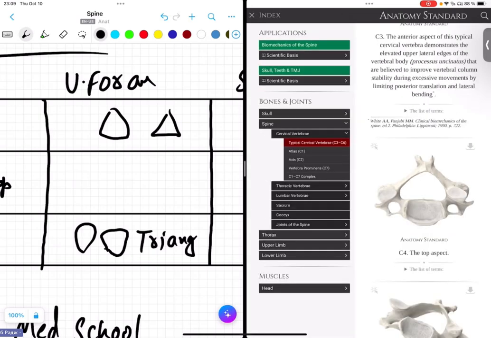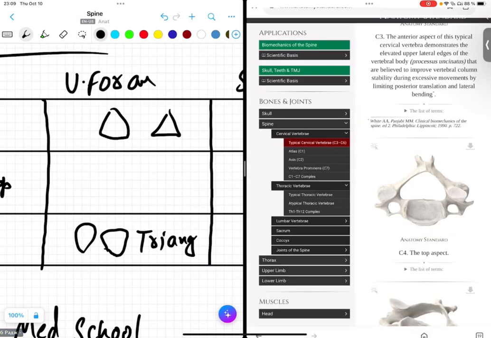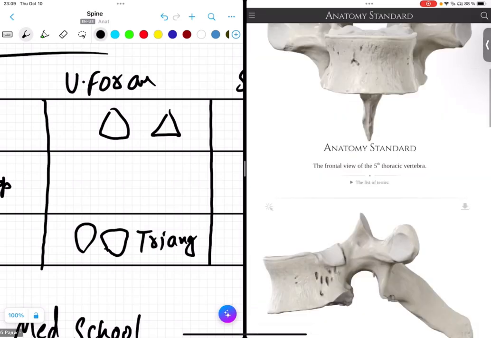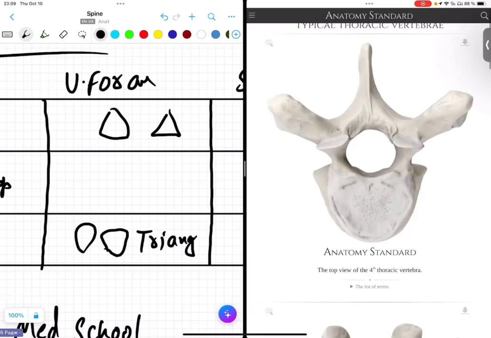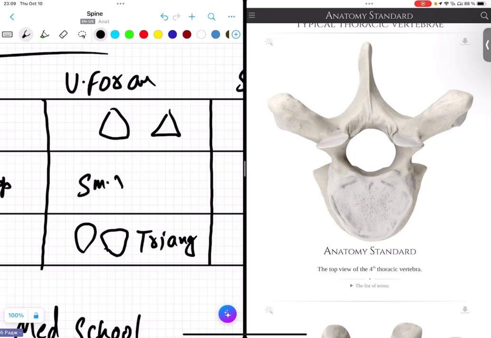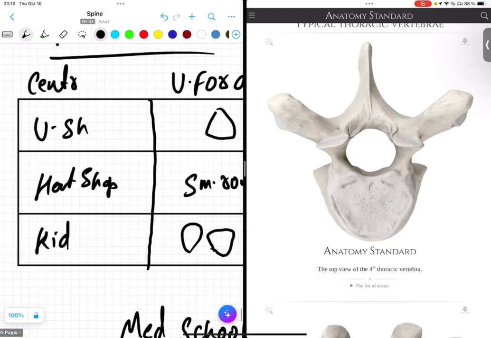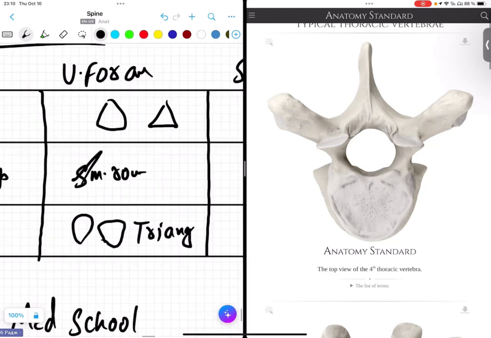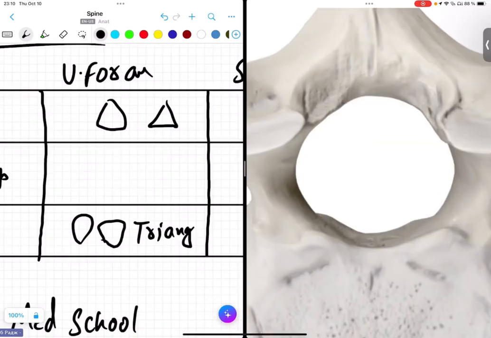Now, let's see our thoracic vertebrae. Now, this might again seem to you like a heart shape, but that is small, round. You cannot say everything is heart shaped here. Sorry, this is correct, it is small round. I was looking at the body. Small round.